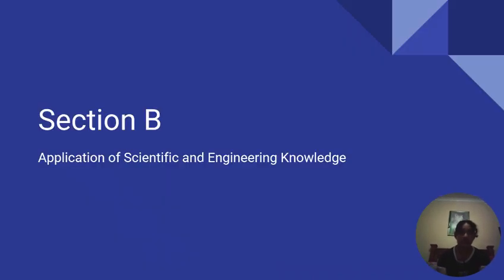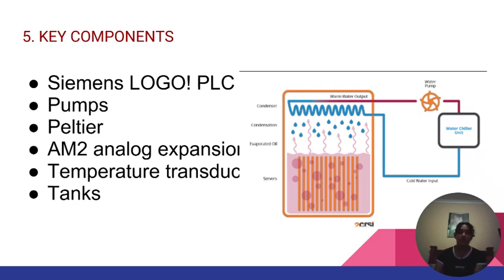For section B, the key components I used were a Siemens LOGO PLC, and pumps. I used two pumps, a Peltier, and analog sensors.